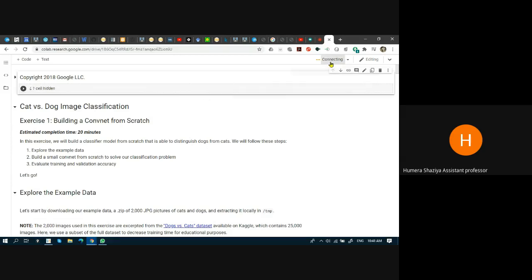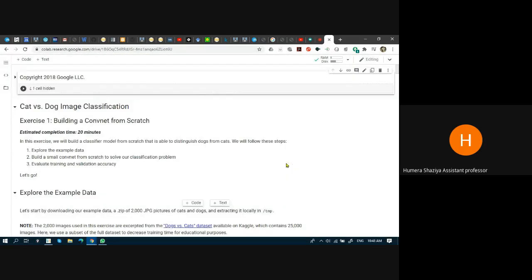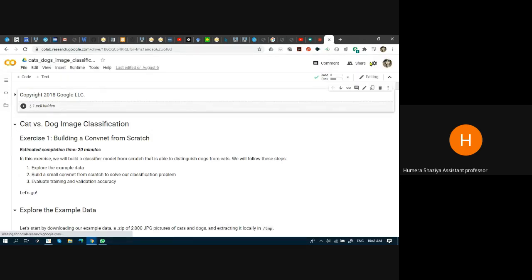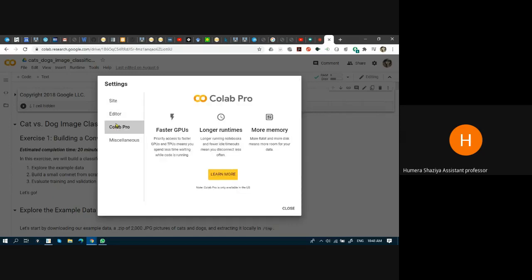You have to connect. If you are connecting now, your processor, memory from cloud will be allocated. This one I will terminate, and this one, okay.